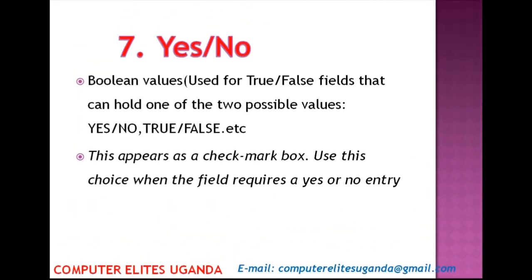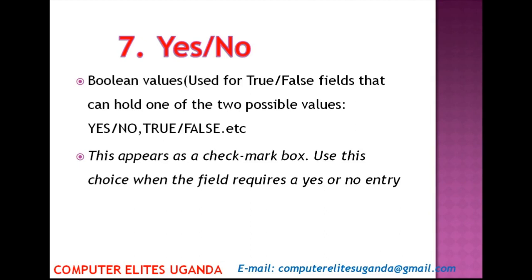That is, we always talk about it as yes or no, or sometimes we call it true or false. These are also used in fields that can hold one of two possible values. You either consider it to be yes or no, or true or false.